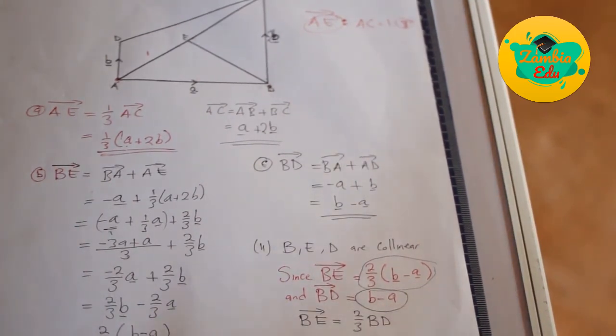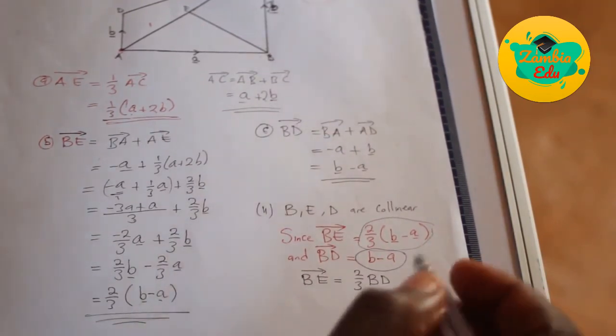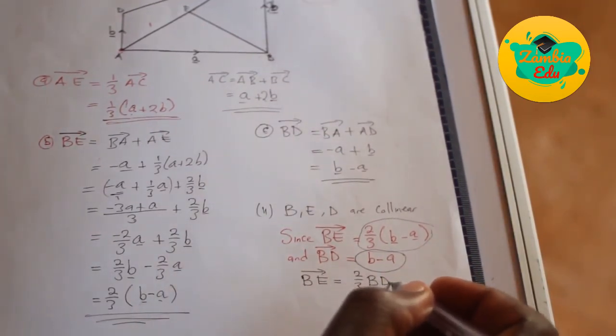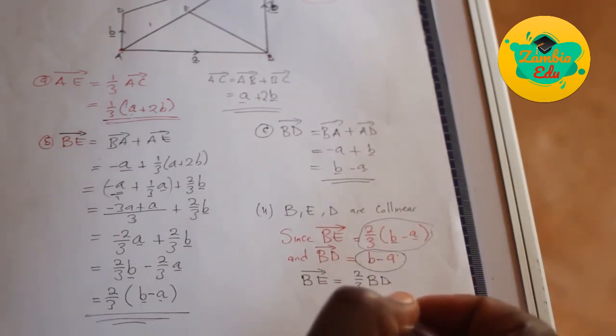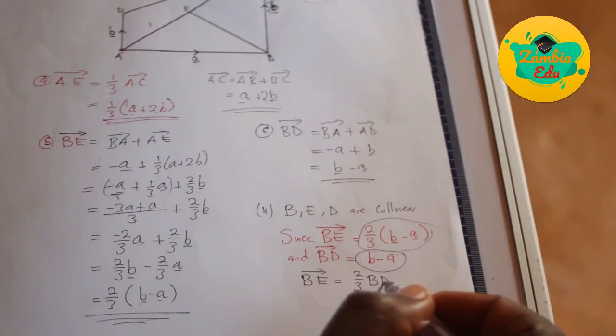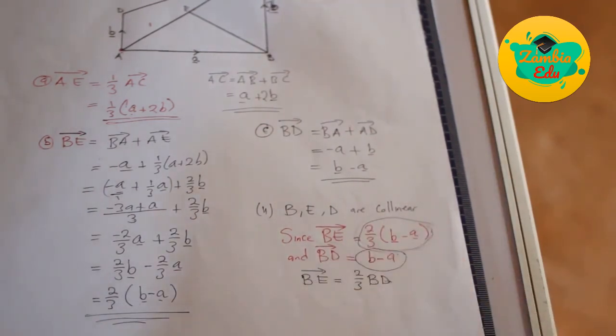That is what we are able to learn. So if we have BD and we multiply it by 2/3, it should be able to give us the actual answer of BE in that way.